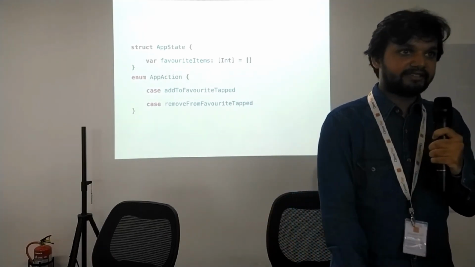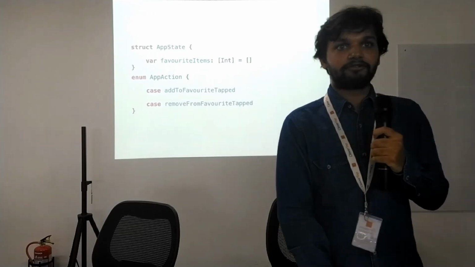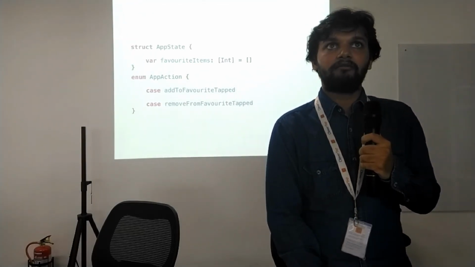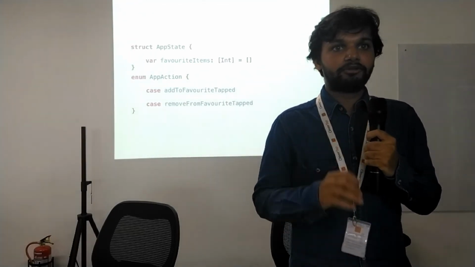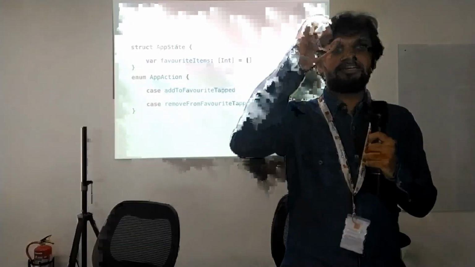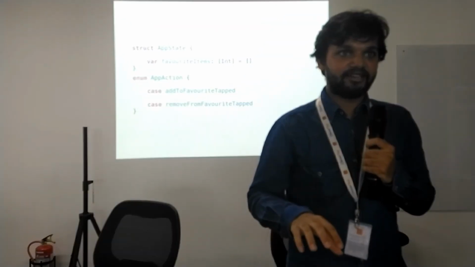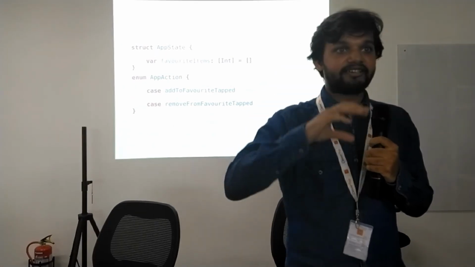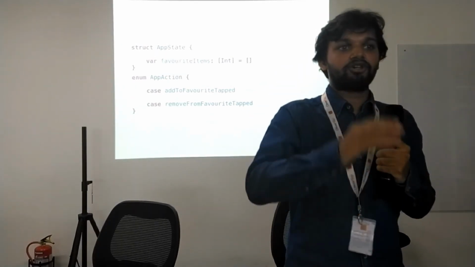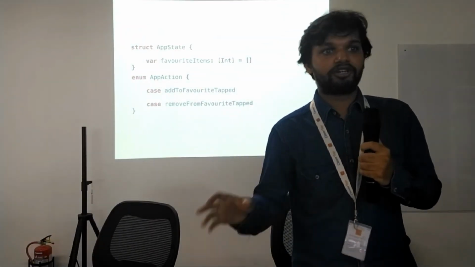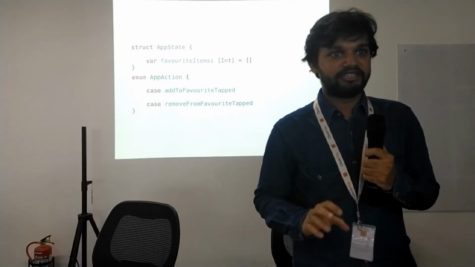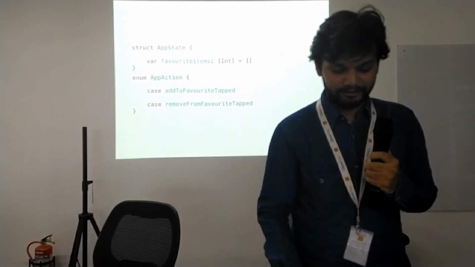Will I write 10 cases here? No, that would be a nightmare to manage. What I'll do is take a class and put it inside a class, and then I know the hierarchy of it: app state dot this screen state dot this mutation, app state dot that screen state dot that mutation, and that's all.